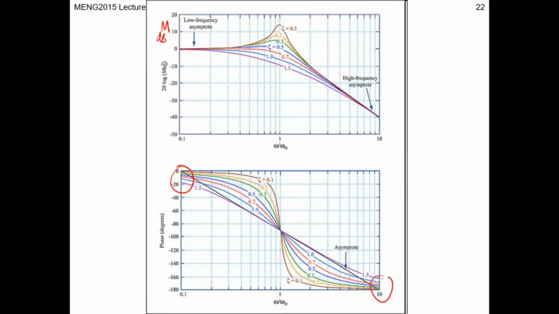As it goes up to a high value, our phase goes towards minus 180. But in all cases, when our frequency is our natural frequency, we always go through minus 90 degrees phase.